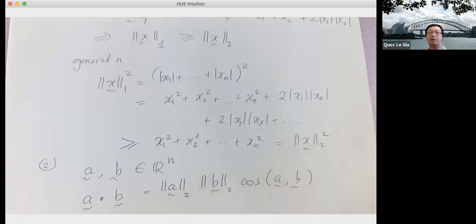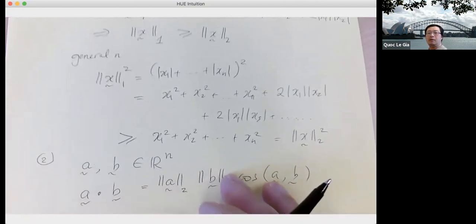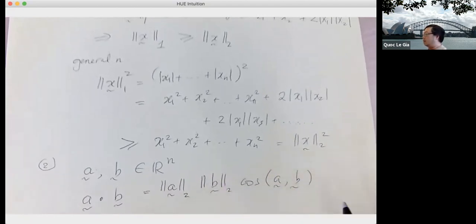In linear algebra, yes. So in linear algebra you see this formula: the dot product can be written as the length of the 2 vectors times the cosine of the angle between them. Then you see that the cosine is always less than or equal to 1.